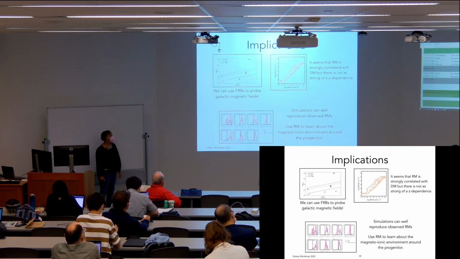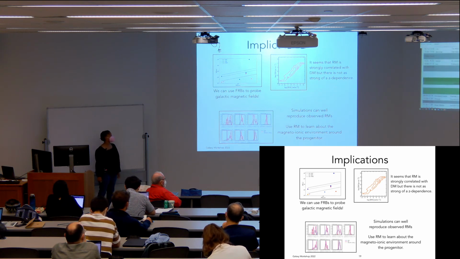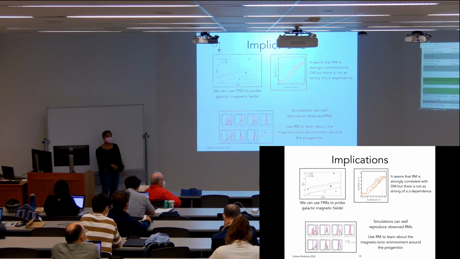So the prospects are very good. I think by the end of the year, a survey called Krakow will hopefully turn on, and then we'll get a higher number of precisely localized FRBs, and then we can do a lot more of this sort of work because we'll have dispersion measures, rotation measures, and locations to look at their host galaxies.